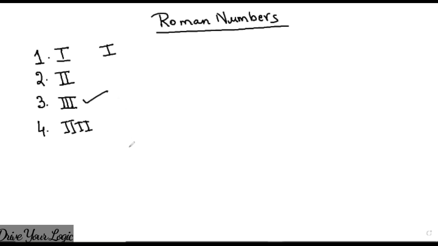So this is 3 times. Same way, C stands for 100. You can't write it more than 3 times. If you want to write 400, this is wrong. M, you can't write more than 3 times. This is wrong. So each symbol we can write only 3 times at maximum. So this is the first rule.